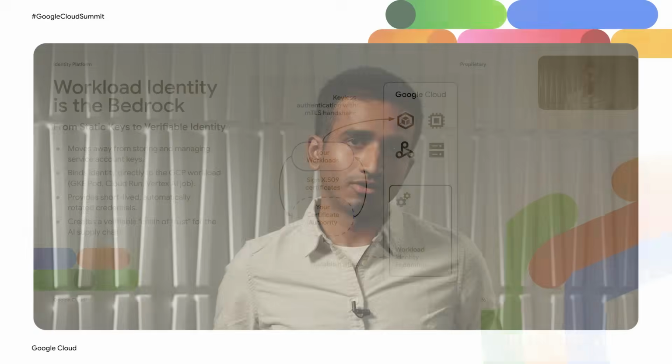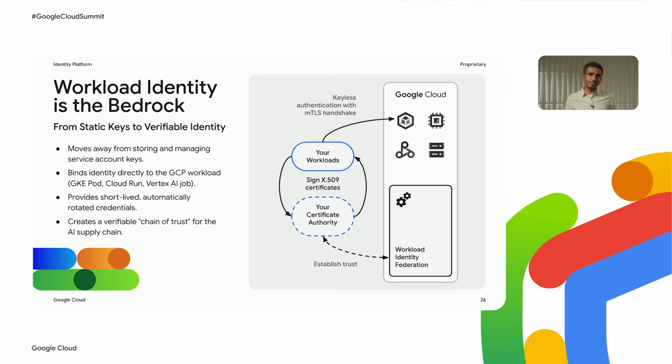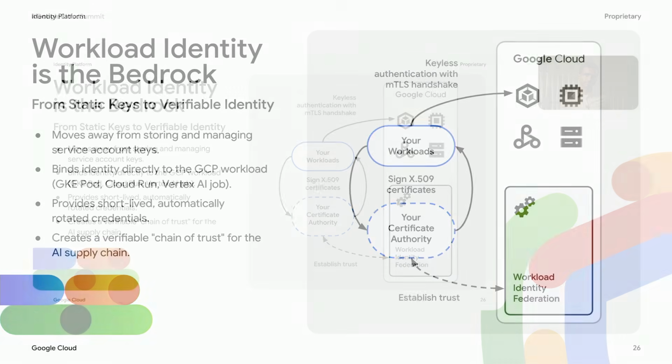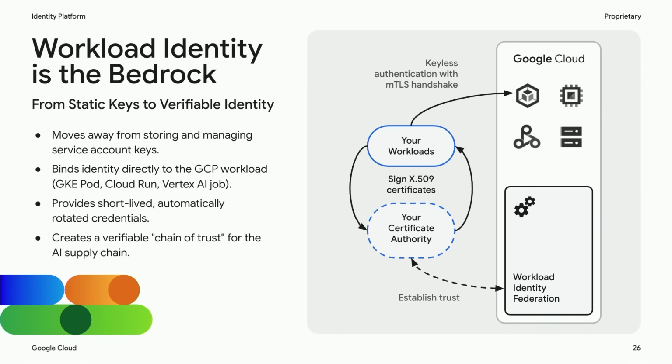This is precisely where workload identity becomes our absolute bedrock. It is essential for creating that verifiable chain of trust for the AI infrastructure. Workload identity allows each step in our AI lifecycle to possess a strong, attestable identity, crucially, without ever needing to handle a static key. This fundamentally secures who is performing actions at every stage.